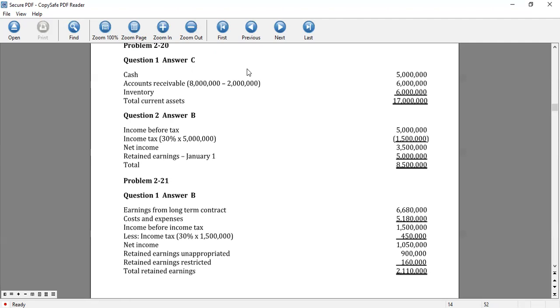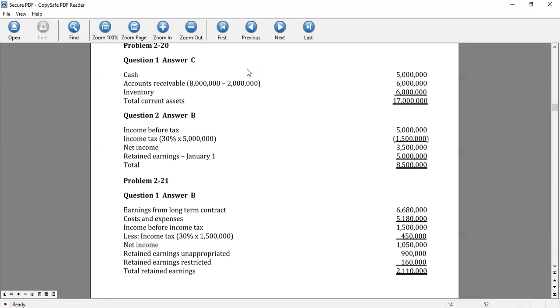So the income before tax is 5 million. We deduct the tax at 30%. That's the tax rate. So 5 million minus 1.5 million, net income after tax of 3.5 million.